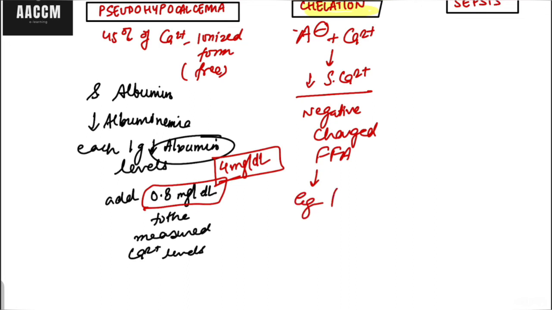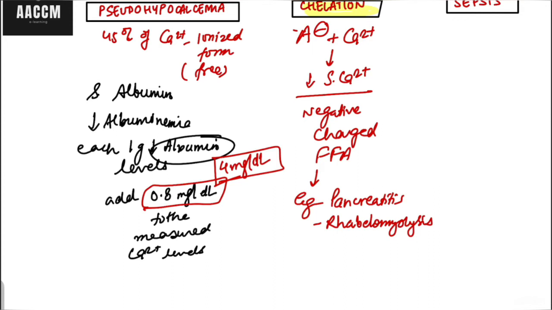When will this happen? A simple scenario. Examples like any infection, take pancreatitis, rhabdomyolysis, any infection which will increase free fatty acids in the body will cause binding of calcium from the blood, and it will cause a reduction in the calcium levels in the body, isn't it?